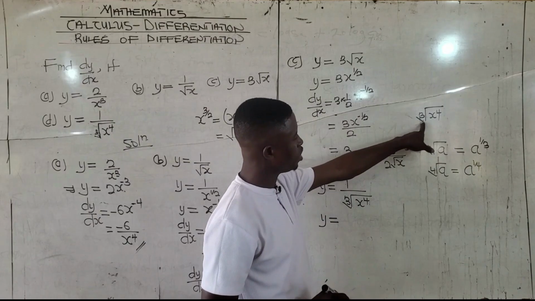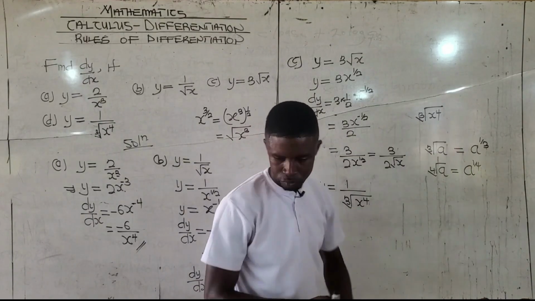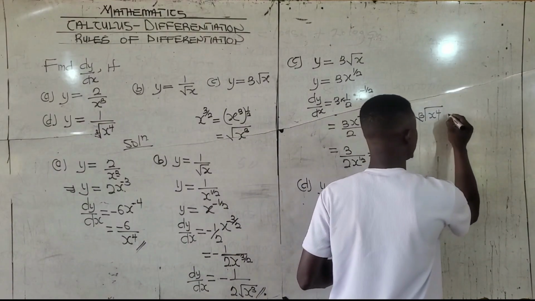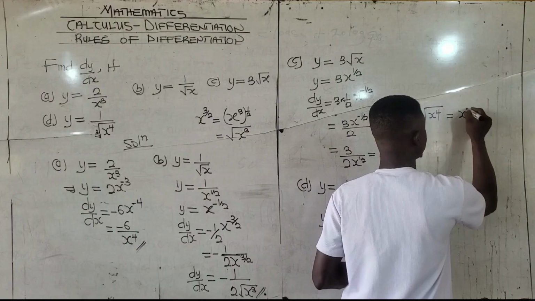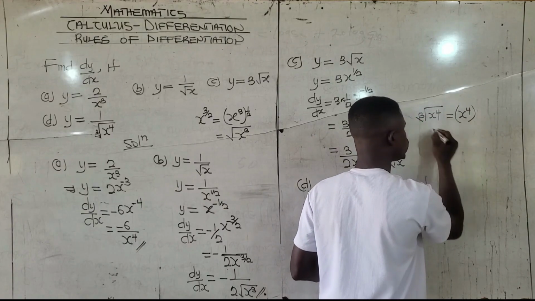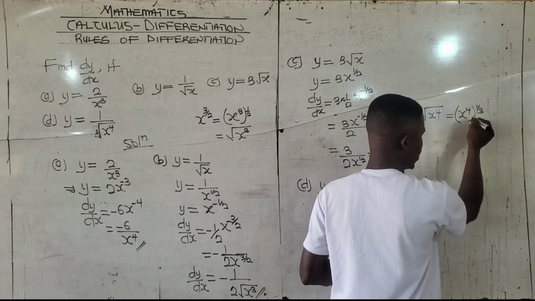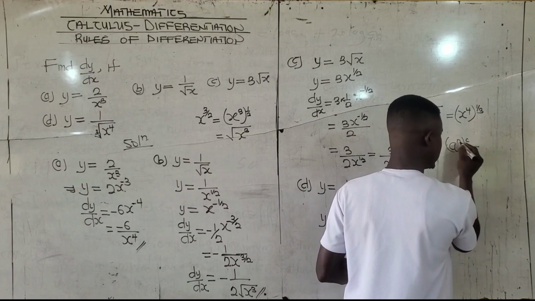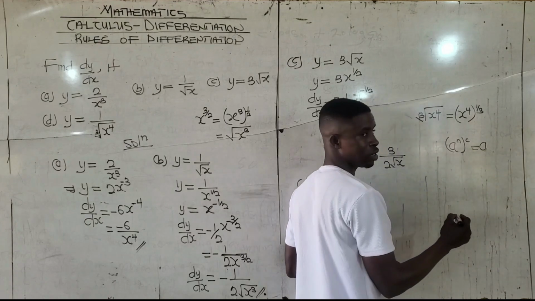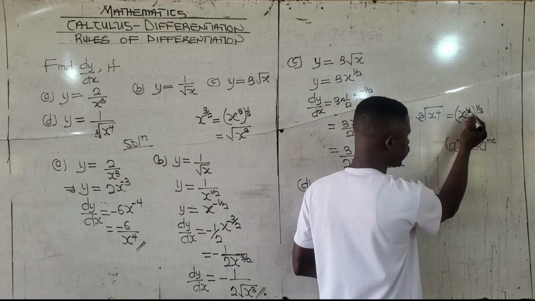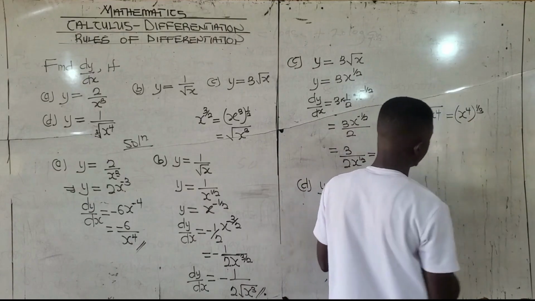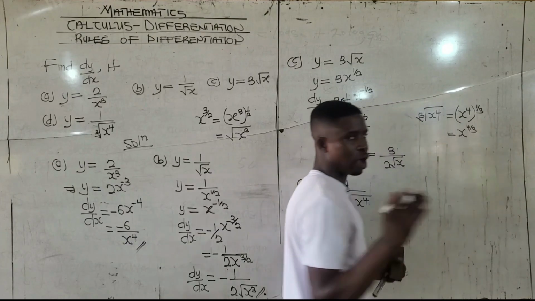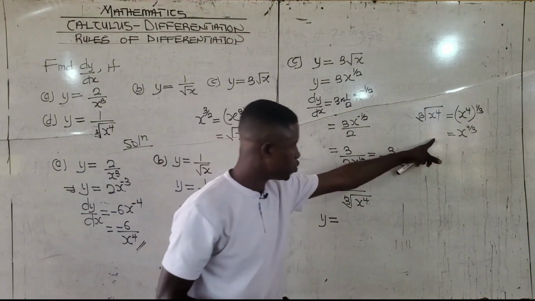In that same way, the cubic root of x to the power 4 is the same as x to the power 4, raised to 1 on 3. And in indices, if you have a to the power n, all to the power c, you multiply them and get a to the power nc. So the 4 multiplies the 1 on 3, and we are going to have x to the power 4 on 3. I hope you have gotten it. Very simple.